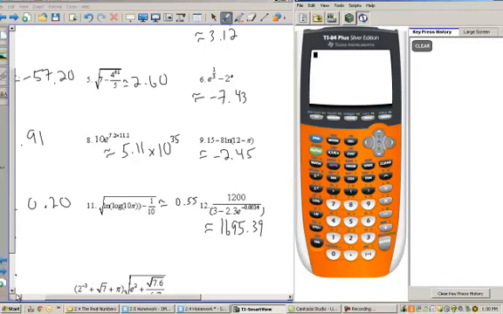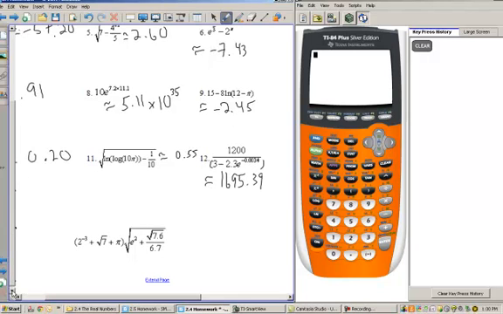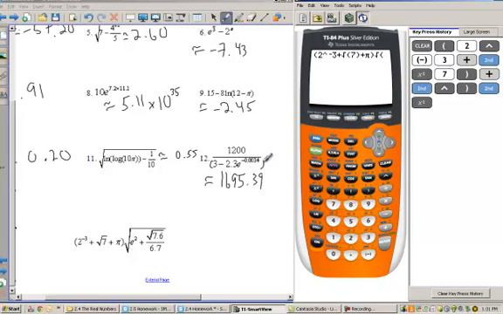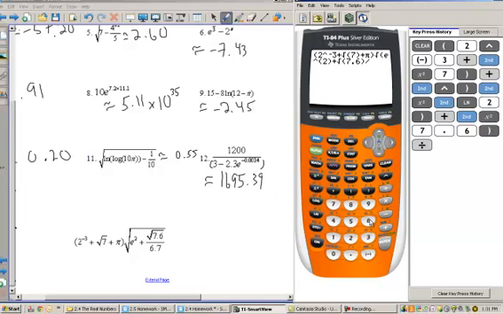Let's clear all this. All right, so the final problem is one of these complex computations, and so I hit left parenthesis 2 raised to the negative 3 plus second square root of 7 in parenthesis plus a pi, so plus second pi in parenthesis, second square root, right, so I'm right here, second square root, e squared, so second e to the, put a 2 in there, right parenthesis, plus second square root 7.6 in parenthesis for the first square root here, and then divided by 6.7, and in parenthesis for that square root right here.